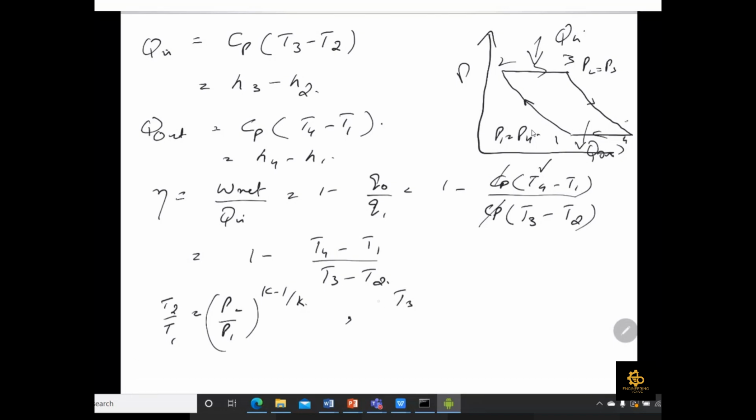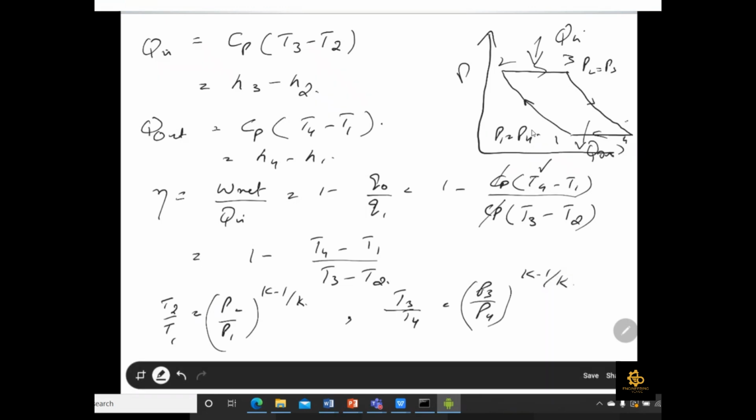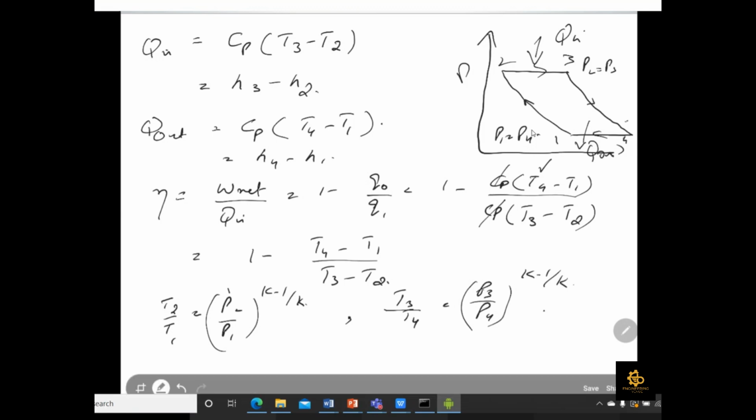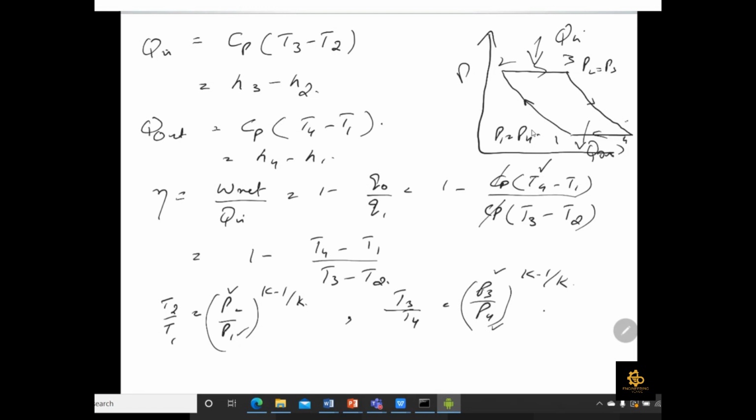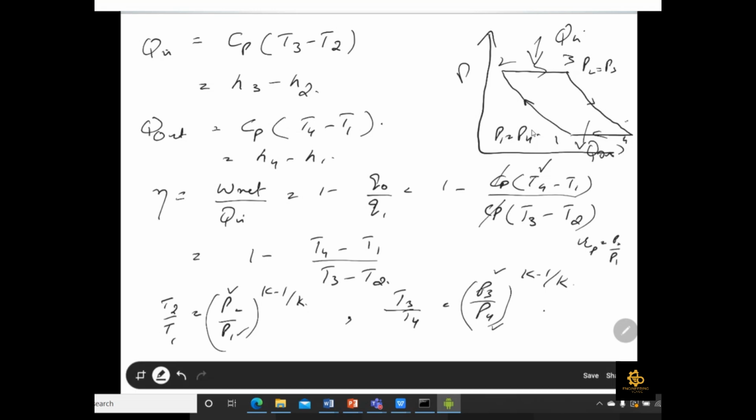Okay, and then we can say that for the process 3 to 4, T3 over T4 is equal to (P3 over P4) to the power (K minus 1) over K, where K is the specific heat ratio. Okay, so from here we can say that P2 over P1 and P3 over P4 are equal to the pressure ratio, which is RP. Okay, we already discussed that this is the ratio of the maximum pressure over the minimum pressure, which is P2 and P1.